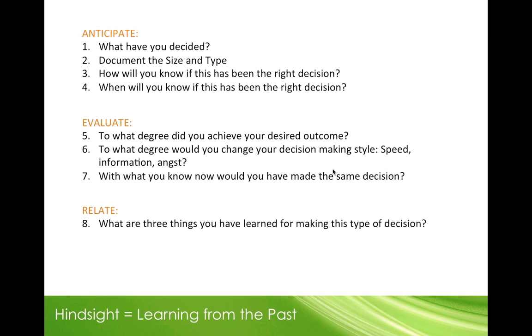And then lastly, the relate stage. You need to start to think about how do we convert those learnings that we've got through the anticipate and then the evaluate stage, so it's going to be easy for you to learn from next time. So I always like to think about what are the 3 things I've learned from this decision. So this hiring decision, it might be that someone takes a lot longer to get up to speed than I ever thought.